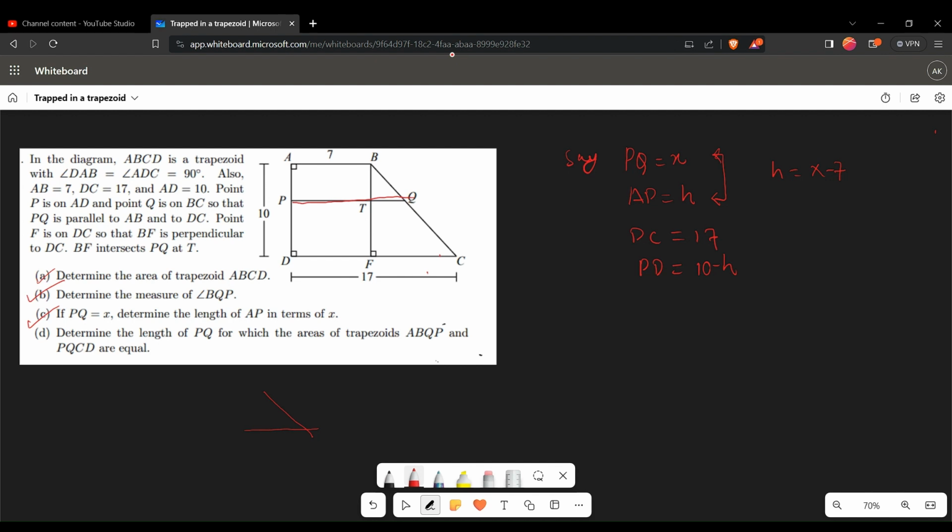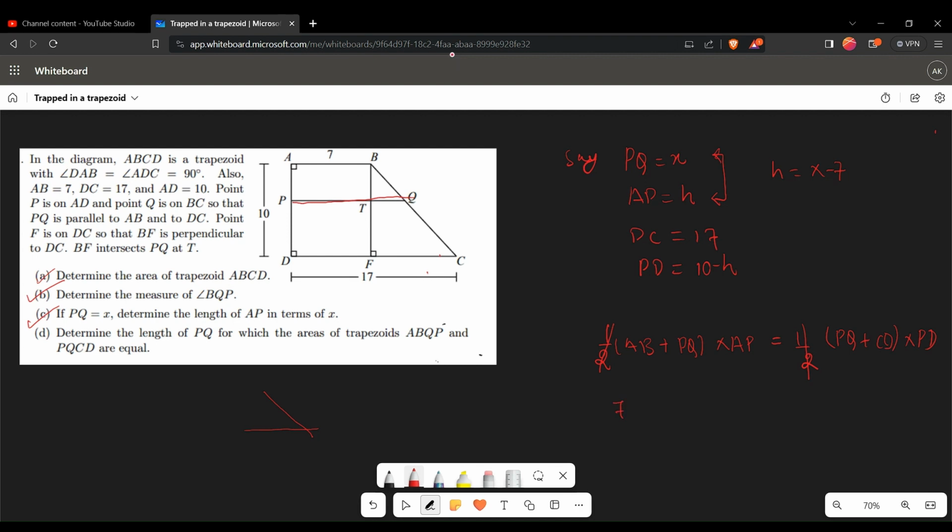So area of trapezoid ABQP will be basically half into AB plus PQ into AP, and this is equal to the area of trapezoid PQCD, which will be half into PQ plus CD into PD. So half and half get cancelled, and we know that AB is equal to 7.